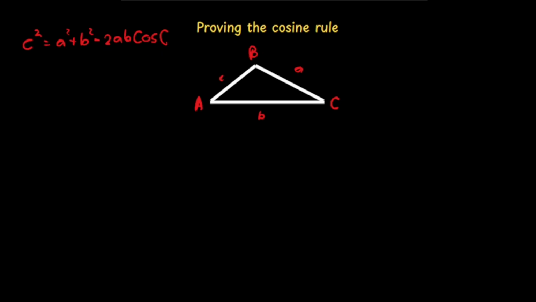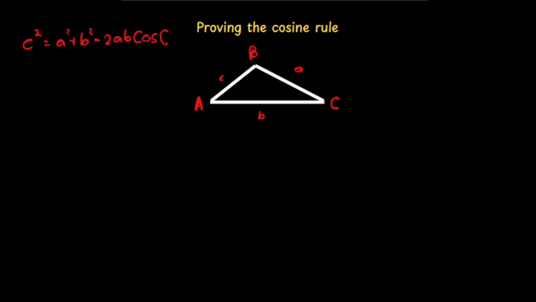What I've done is I've labeled them accordingly, where the side opposite the corresponding angle has the small letter corresponding to the capital letter at the angle. Understood? So where angle A is, opposite it would be the side small a. Where angle C is, opposite it would be the side small c. And where angle B is, opposite angle B would be the side small b.